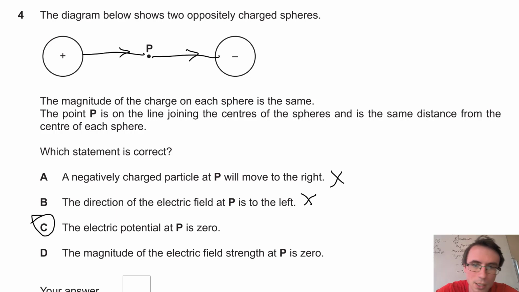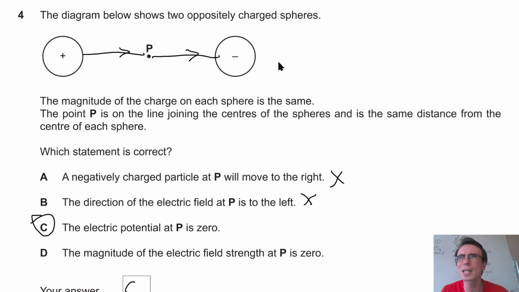This here will be the correct answer, is C. D, the magnitude of the electric field strength at P is 0, is absolutely not correct, because they will be added up because they are in the same direction.